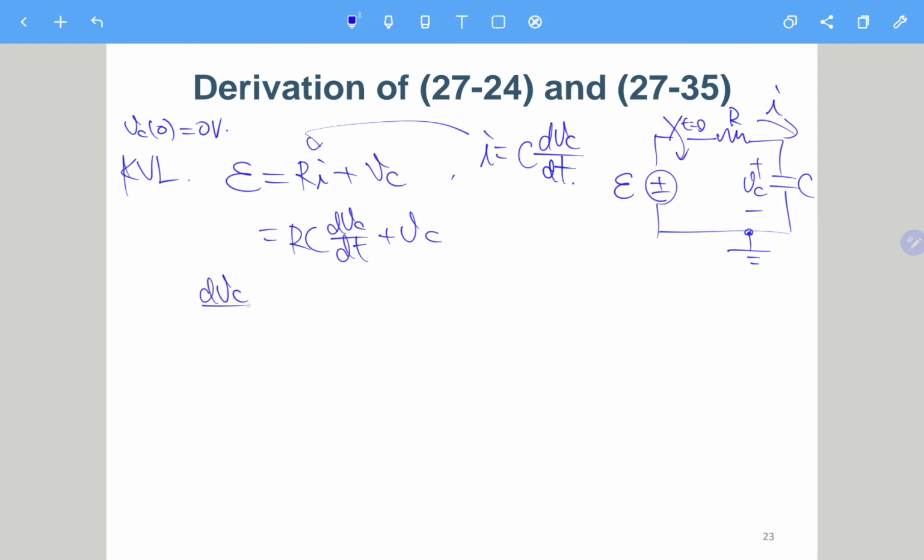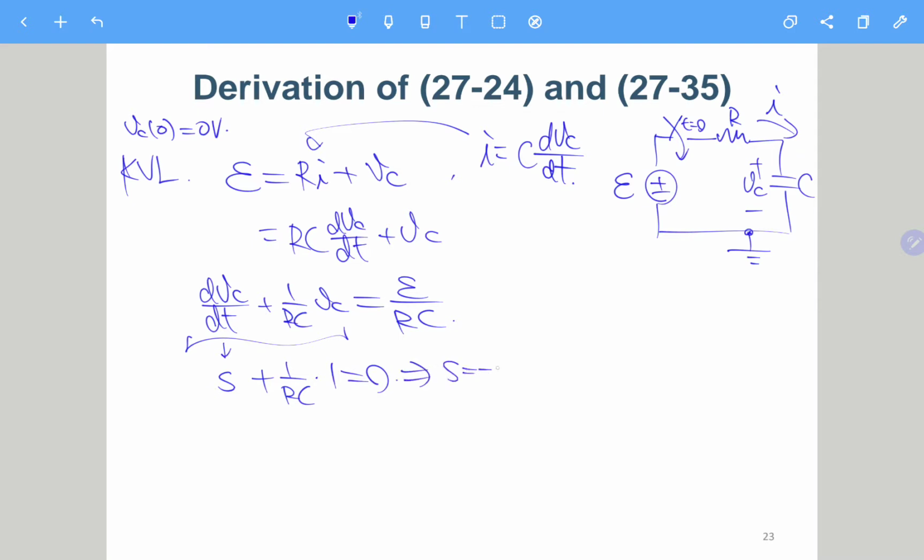So we have dVc/dt plus 1 over RC VC equals E over RC. Okay, so the first step is to solve for the homogeneous solution. So we change this one to S, plus 1 over RC, equals 0. So we get S equals negative 1 over RC.